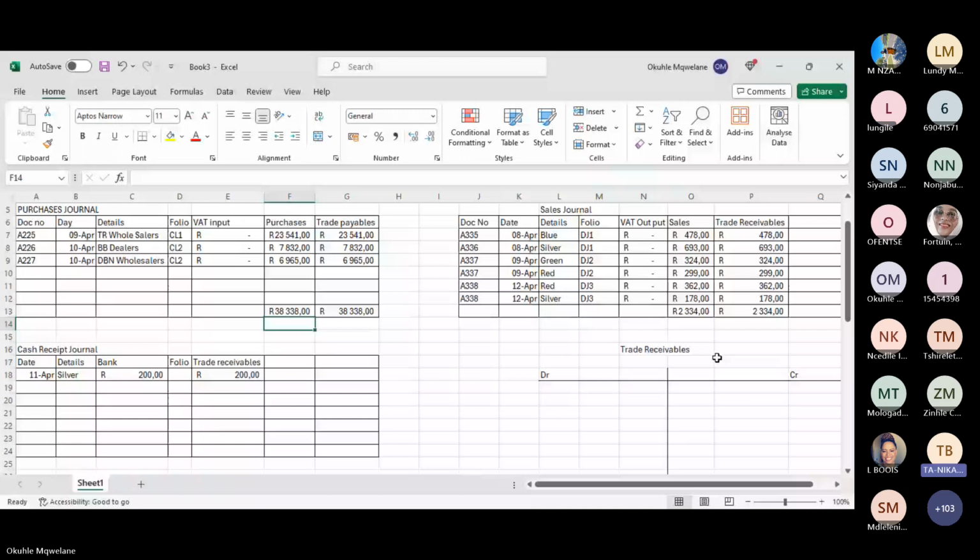We're going to take the total of the sales and post it to the debit side of the trade receivables, because it's an asset, and assets increase on the debit side. The amount is going to be under details, I think it's the sales journal.